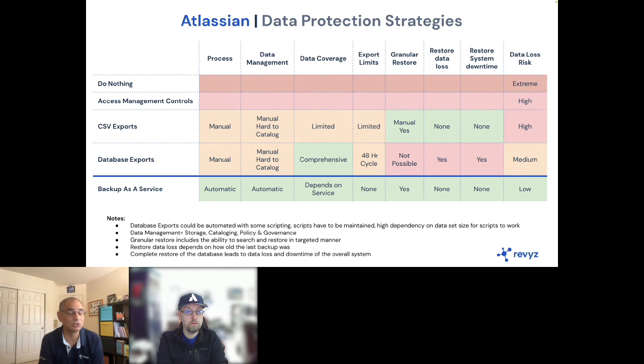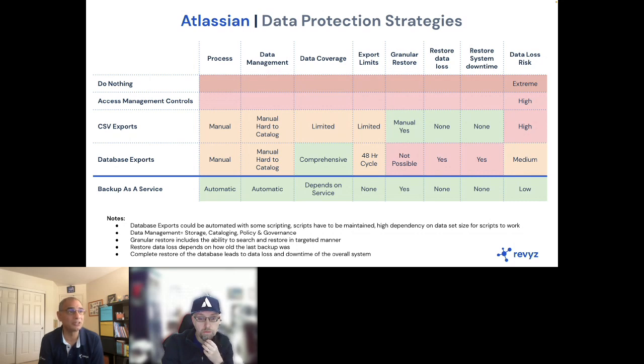Some of the characteristics you want to look for in backup as a service: obviously, the process is automatic. You should be able to search for data among the different snapshots, because that is critical, right? In the example I gave earlier, November 1st to November 15th, you should be able to search for the specific pieces of information you lost and put that information back into your main tenant with the least amount of work.